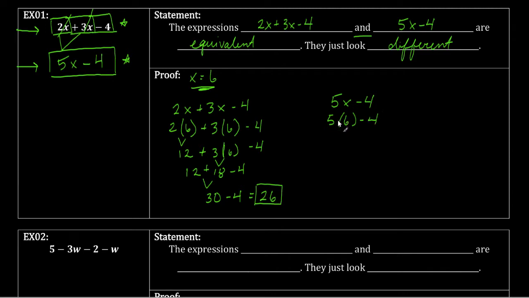Alright. We should get the same answer over here. 5 times 6 is 30. 30 minus 4 is 26. So these are the same. These are equivalent. That means no matter basically what number you put in, you'll get the same answers between these two. Like if you put in a 5, you're not going to get a 26, but whatever you get will be the same over here also.